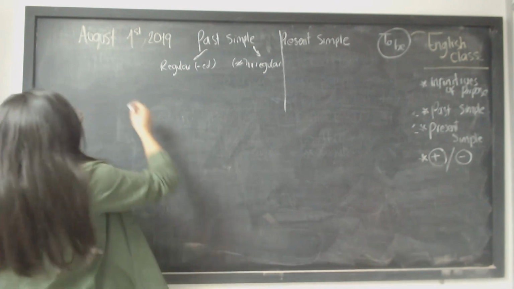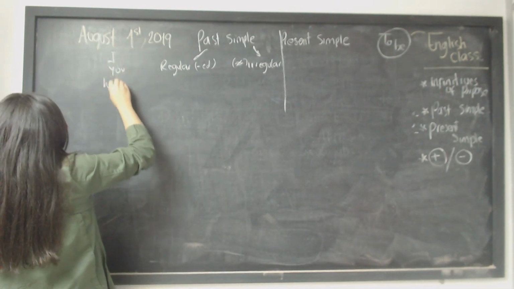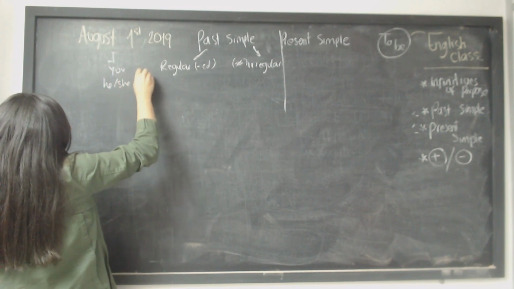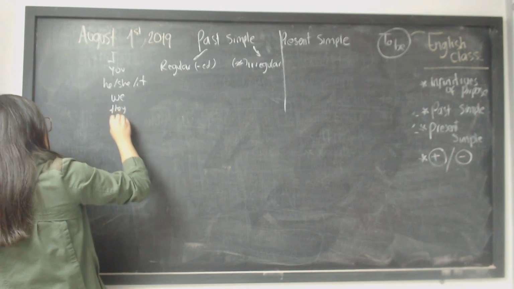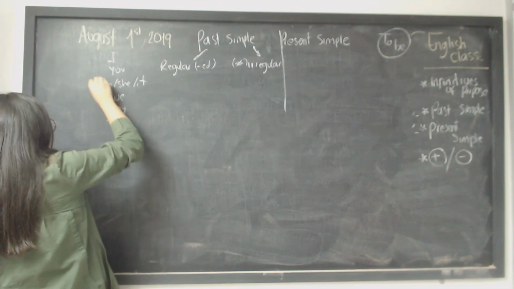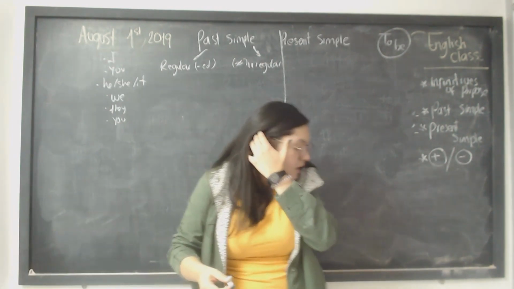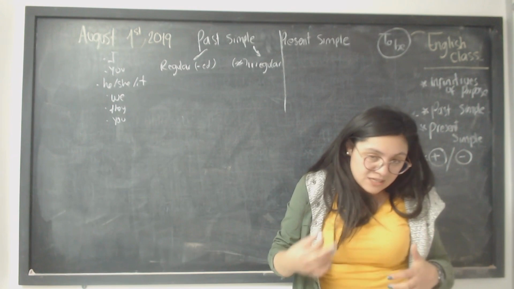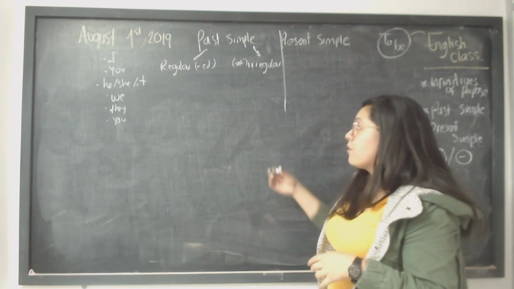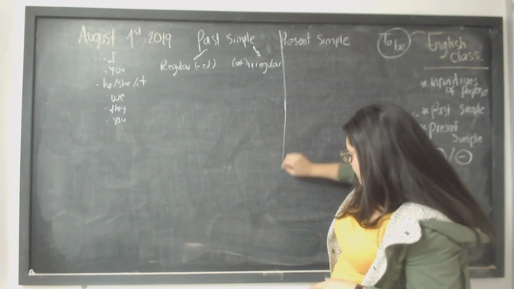I don't know if you remember the pronouns: I, you, he, she, it, we, they, and you, okay? Entonces, estos son los pronombres que hemos venido trabajando, okay? So now we're going to make some sentences, but just with past. So we're going to start by past. Vamos a empezar por el pasado.